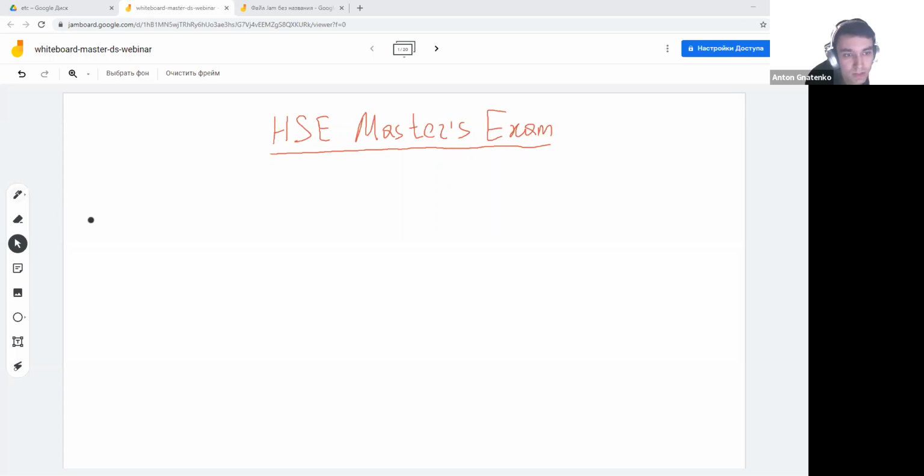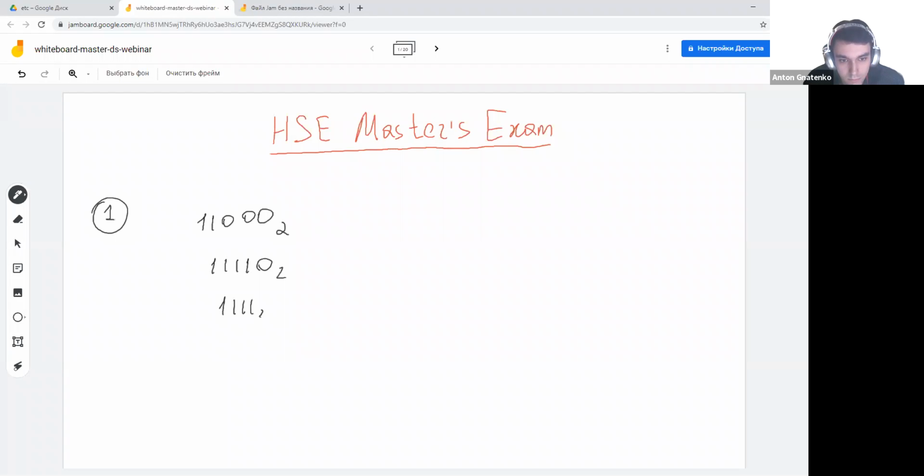So we start with the first problem, and it states that Andrew wrote 5 binaries for some reason. He wrote this number in binary, and then this number in binary, then this, and this.